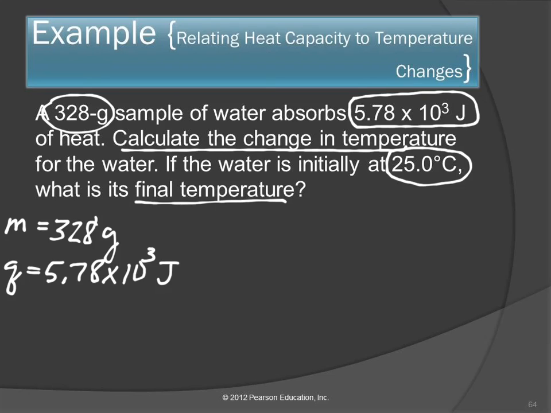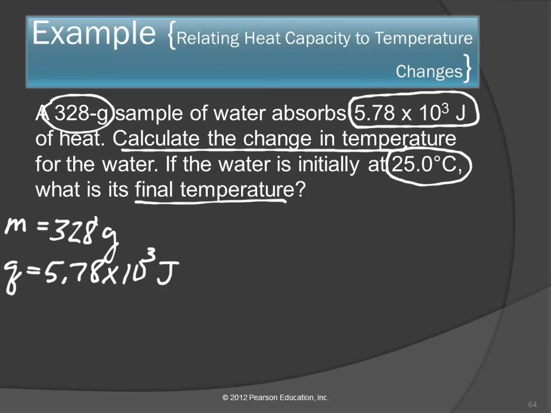So you can get clues from the units or from the words. Here it says a 328 gram sample. It doesn't say the mass is 328 grams, but we should know that gram is a unit of mass. It says it absorbs 5.78 times 10 to the third joules of heat. So it's telling us it's heat. We need to know that heat is Q.